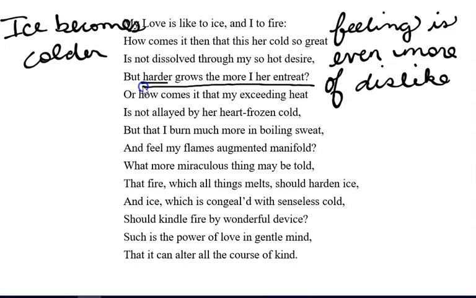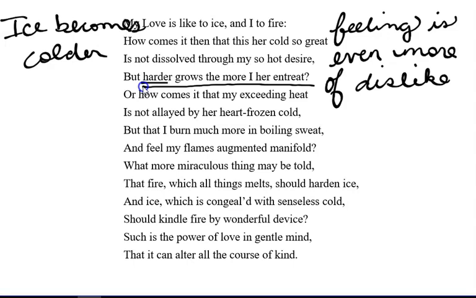So this guy tries to show his feelings for her. He tries to show her that he cares. He tells her she's beautiful. He opens the door. He writes her little love notes, whatever. And the more he shows that desire for her, the more she dislikes him. All right? So there's our opening quatrain.